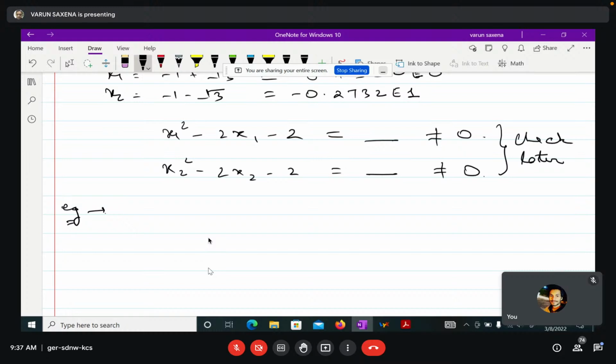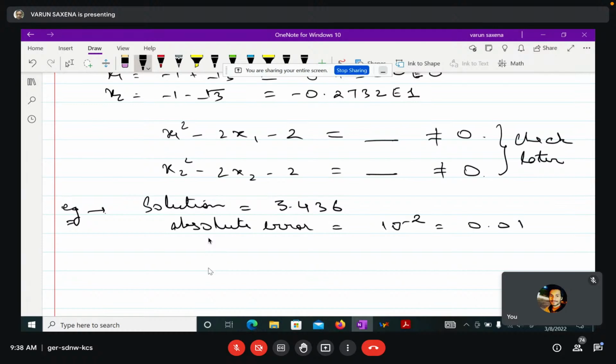Okay, so let's say that the solution to a problem is given to you. The solution to the problem is given, and it is 3.436. It is known that the absolute error in this quantity is, let's say, 10 to the power of minus 2, for example, or this could be written as 0.01.